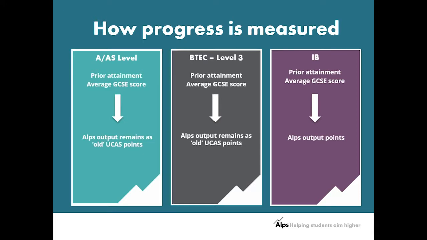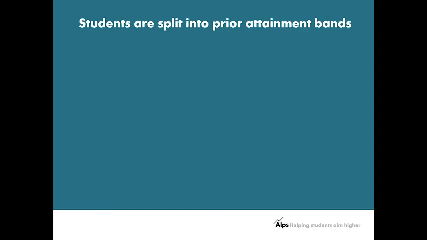And for the IB, I'll show you the Alps output points as per our benchmark tables. What we're really measuring is the journey from that start point to that end point, the journey of all of the schools in the national data set, and how your journey measures up to that. Let me try to illustrate that in this slide.